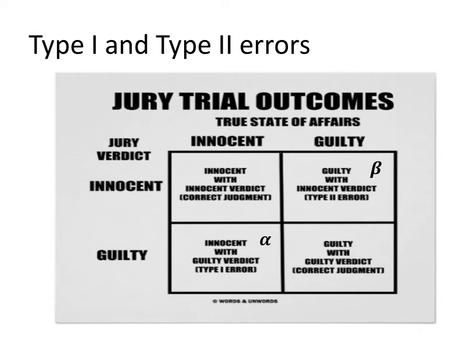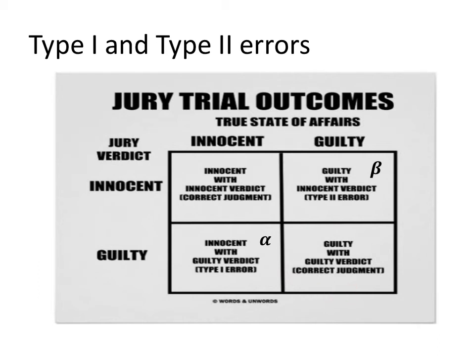And the results of the trial, they can either be found innocent or they can be found guilty. Now, if the person is actually innocent and they're found innocent, then this was a correct judgment. In other words, you got it right. And if the person was actually guilty and they're found guilty, this is also a correct judgment. That is, the hypothesis test is correct.